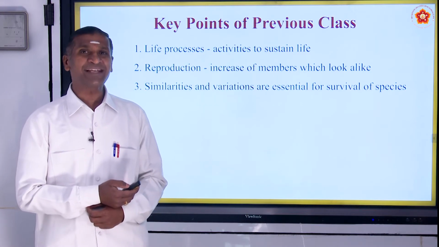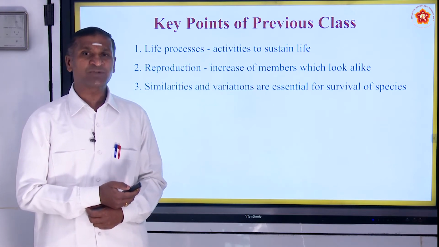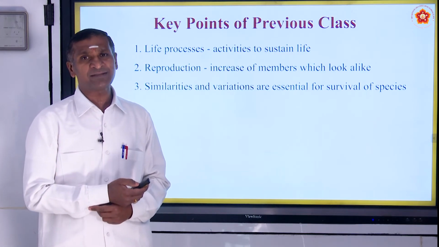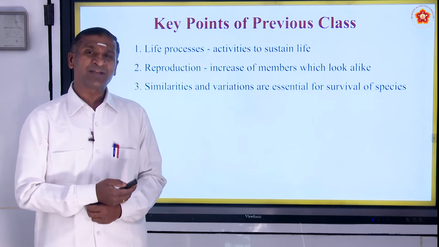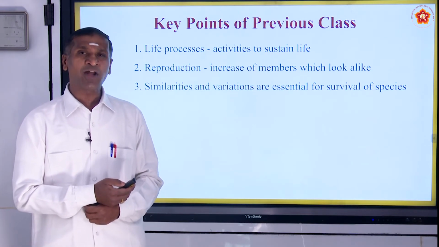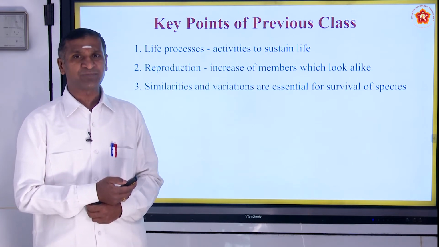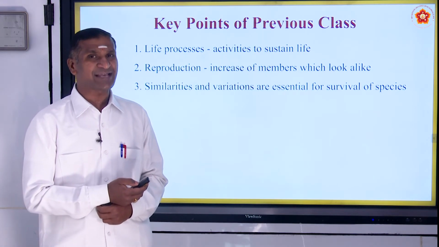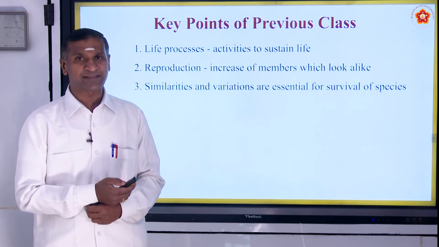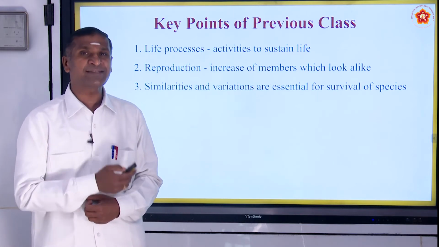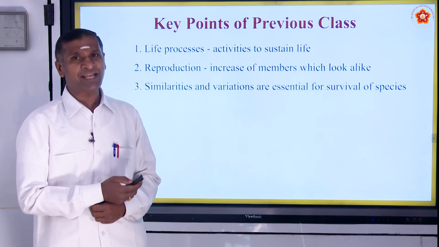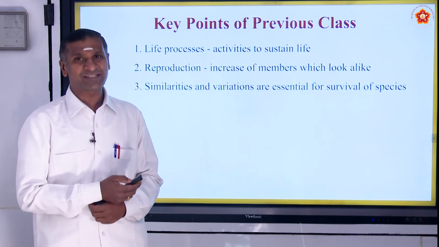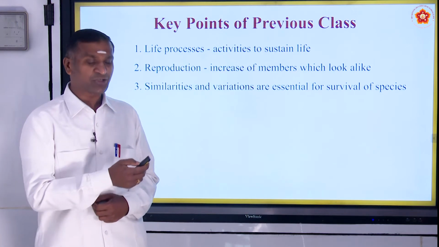So the similarities of the offspring to their parents and a few variations in the offspring are mainly due to DNA copying or DNA replication, which plays a major role in similarities and variations in the offspring. And these similarities and variations are essential for the survival of the species, which we understood.